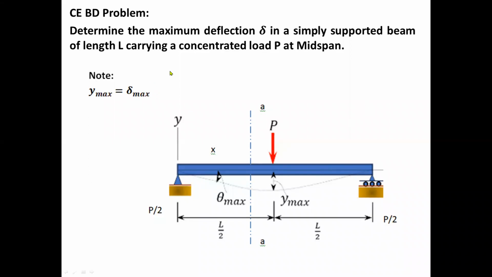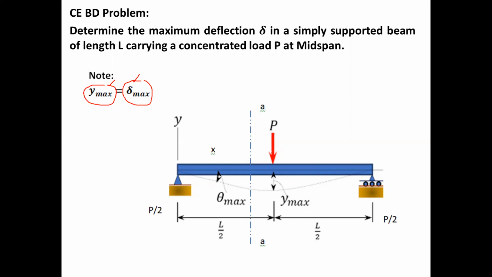Ang hinahanap natin is actually the maximum deflection. And this is also what we call the Y max. So, hinahanap natin ang value ng ating maximum deflection, which is also actually our actual deflection. Iba kasi ang ginagamit nating formula sa allowable deflection.